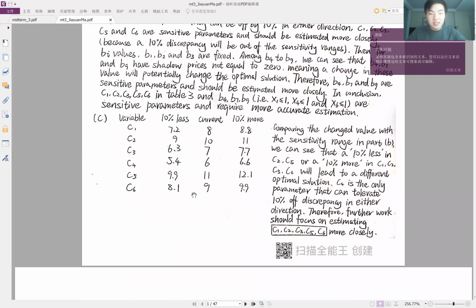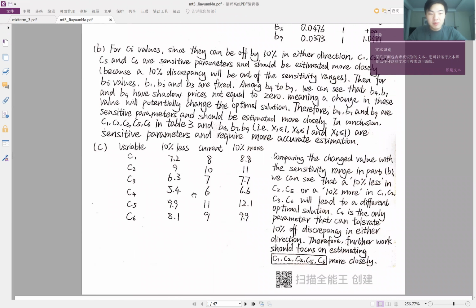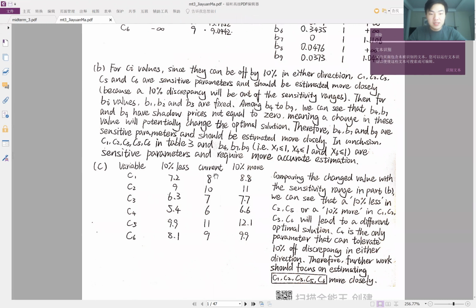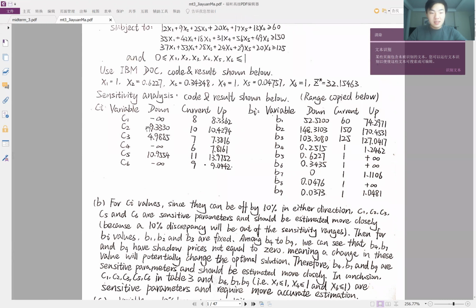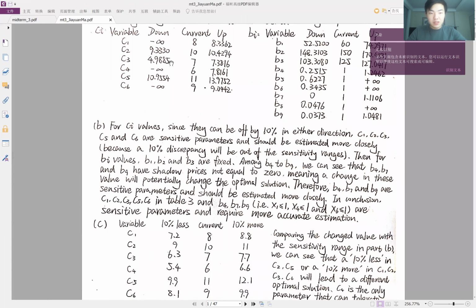And for part C, we know from the problem statement that there might be a 10% discrepancy, either 10% more or 10% less for the values here, because the company is not that familiar with their new approaches. So we only need to compare the 10% less and 10% more ranges with the sensitive ranges we obtained from the sensitivity analysis to see which of the values might go over these 10% ranges.